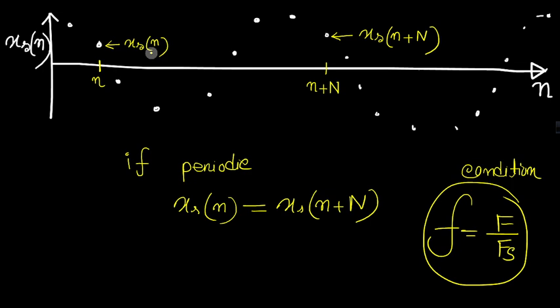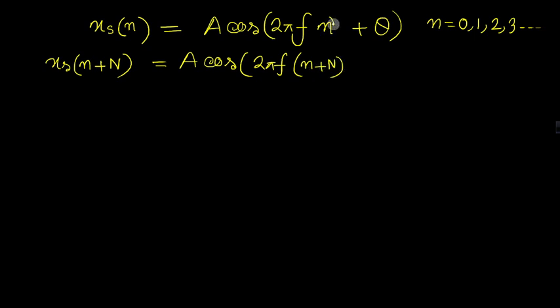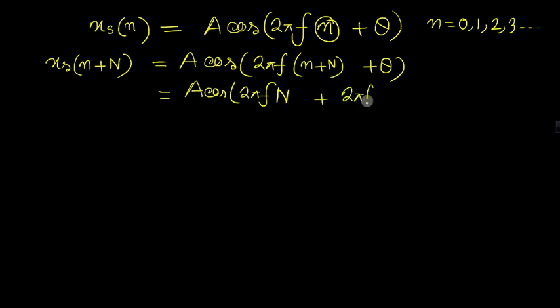This is the signal here, and after some time, let's say we have a different signal when n is n plus capital N, and now we have to write it like this. Instead of n, now we have to write n plus capital N. Okay, now let's write 2 pi small f into capital N here, and then 2 pi small f n plus theta.